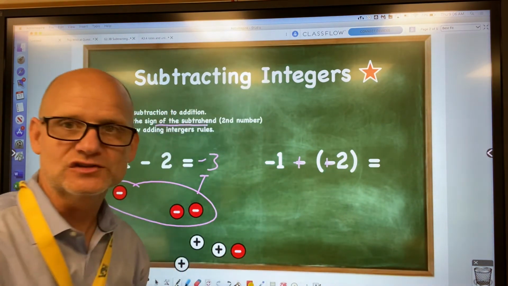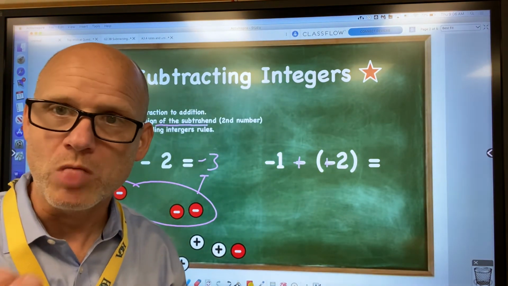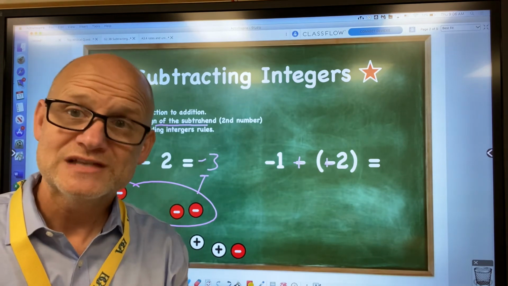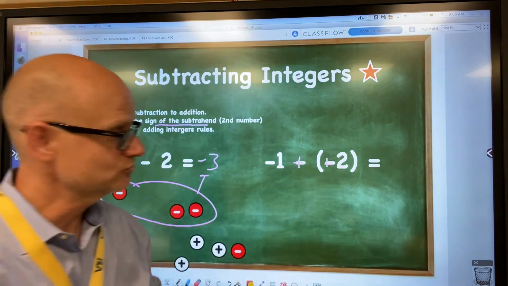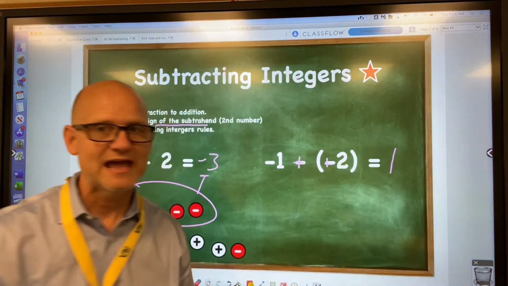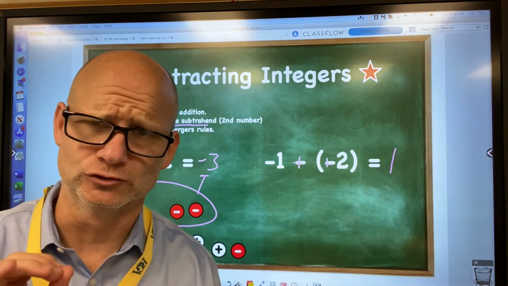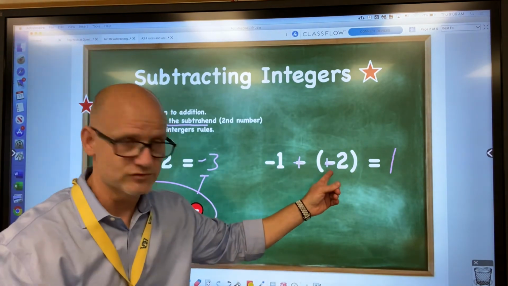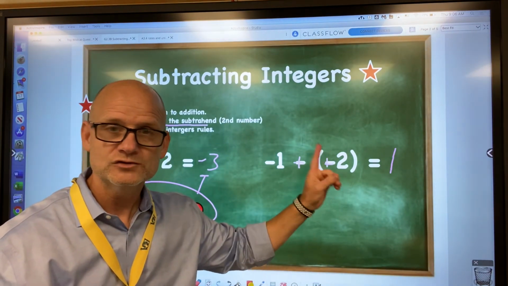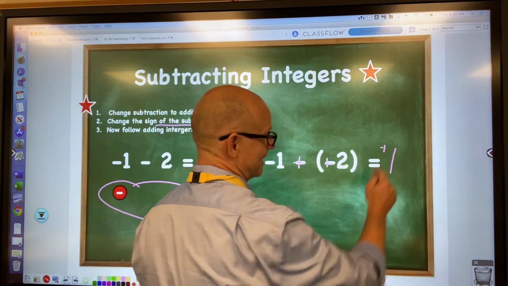And now sing the song to row your boat. Same signs, add and keep, different signs, subtract. Different signs, subtract. I'm subtracting. And then it says keep the sign that's furthest away from 0, and then you'll be exact. So this value is furthest away from 0. So you're going to keep that sign. You end up with a +1.